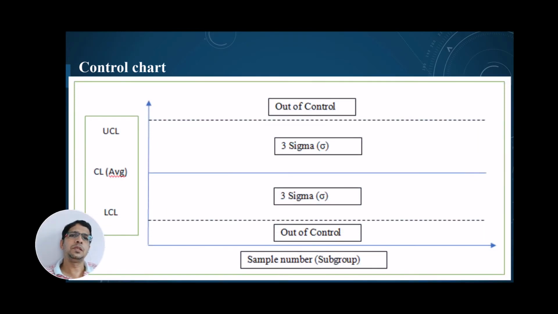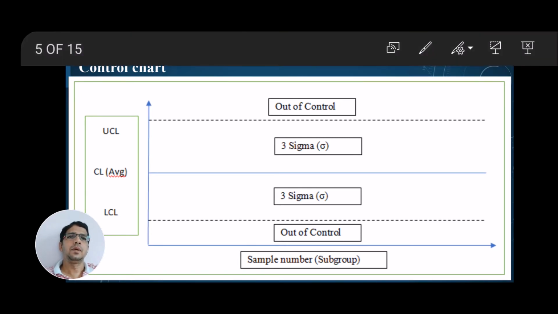This is basically the diagram of a control chart. Here you can see that the upper control limit as well as the lower control limit are shown using dotted lines, whereas the central line is shown using a solid line.